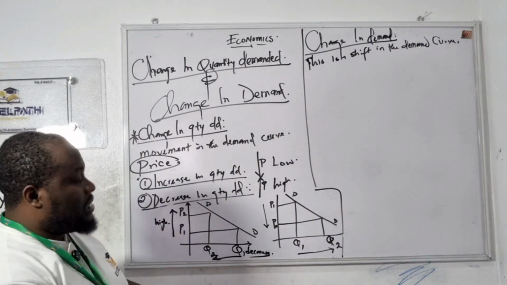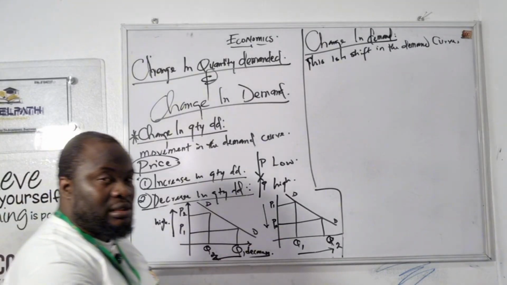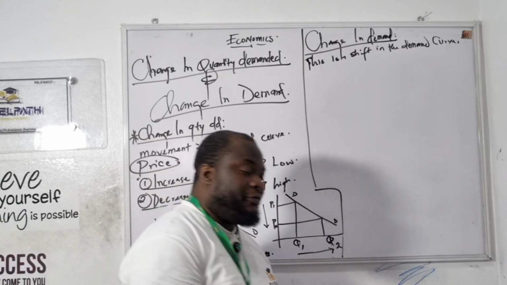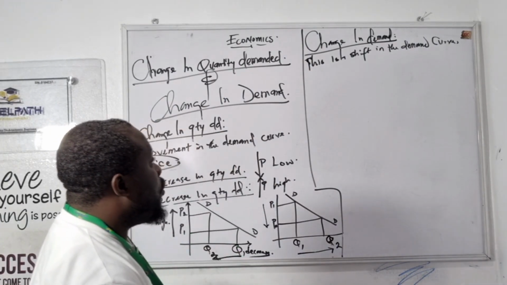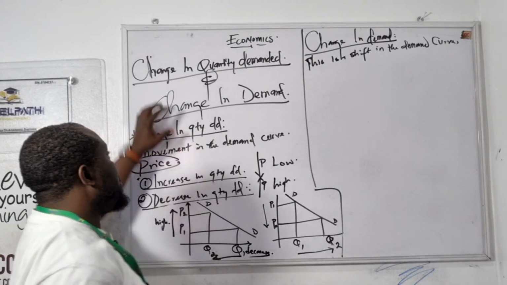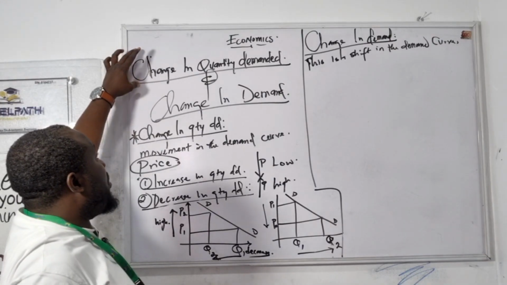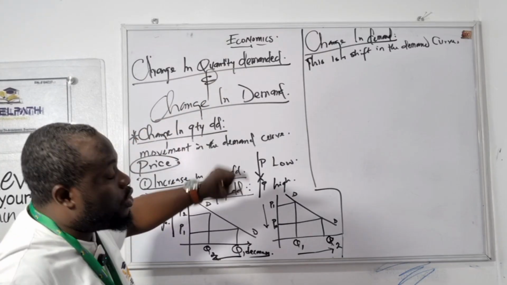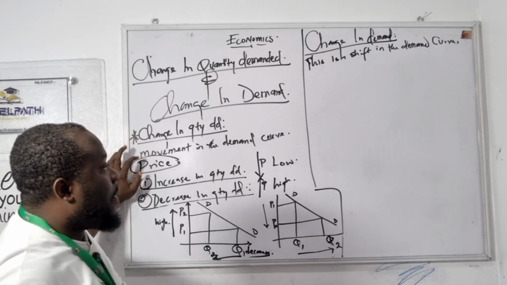Now, change in quantity demanded is a movement in the demand curve, while change in demand is a shift in the demand curve. Now, we know that there's only one factor that causes a change in quantity demanded, which is price.